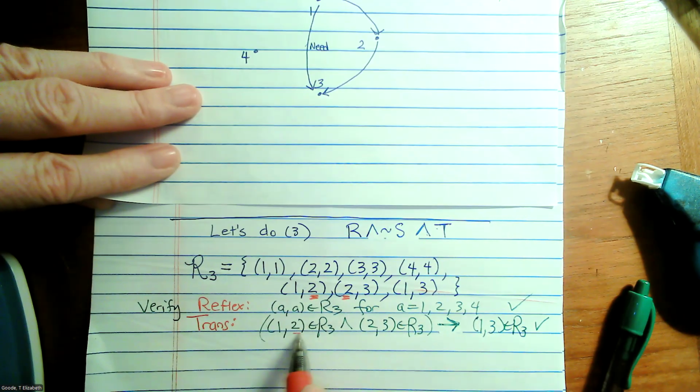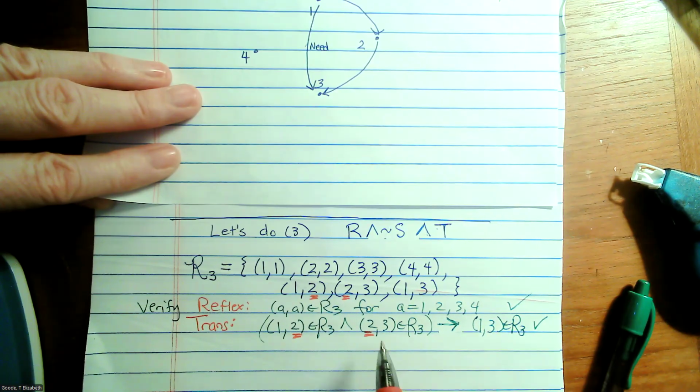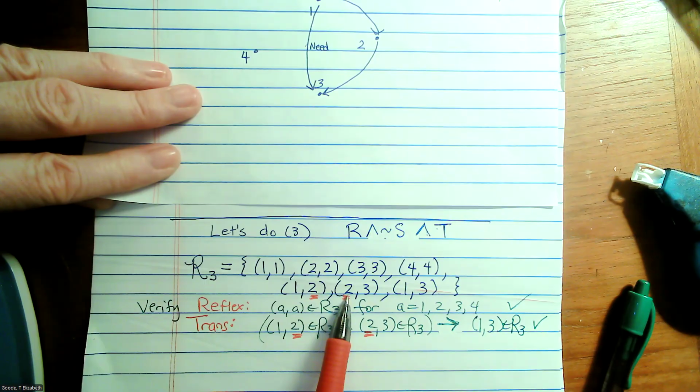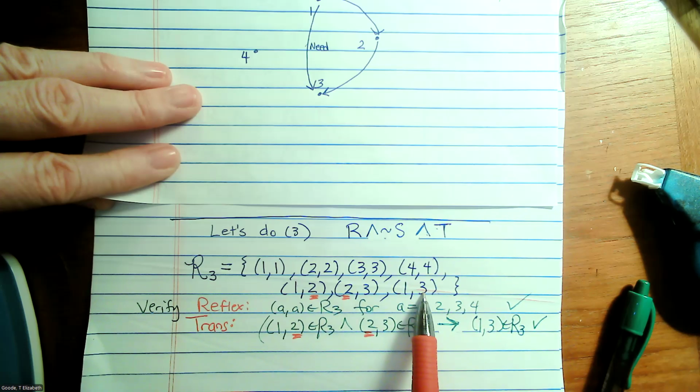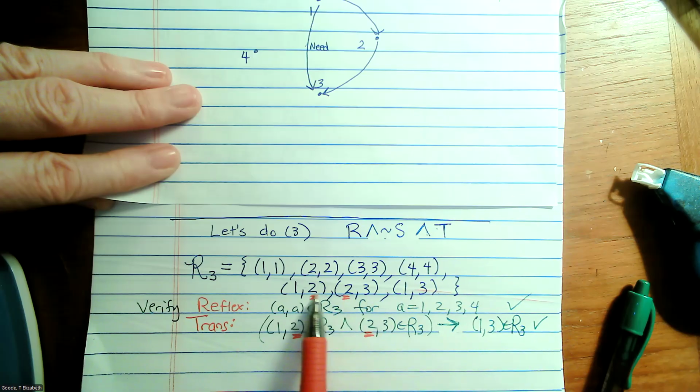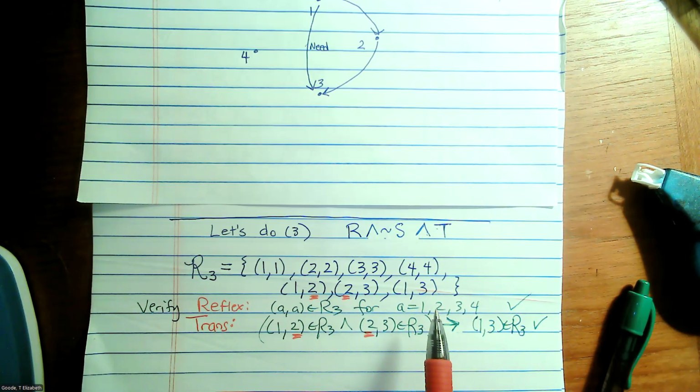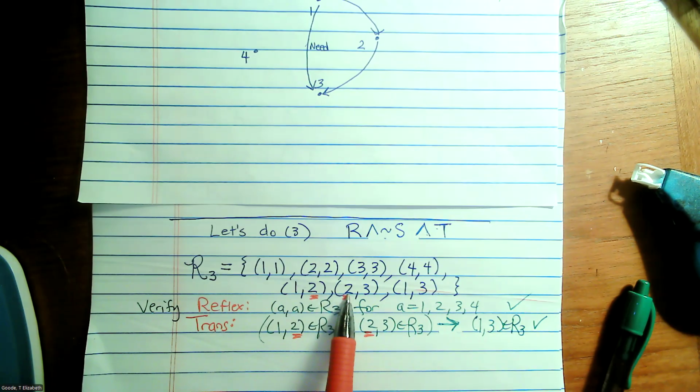The only time we are going to satisfy the hypothesis of transitivity is if we have some element of A, here it was 2, that appears both as a second coordinate and as a first coordinate, ignoring the reflexive pairs. 1 only appears as a first coordinate. 3 only appears as a second coordinate in these non-reflexive ordered pairs. So we don't have to worry about crossing over on 1 or on 3. But the 2 appears both as a first and a second coordinate, so we have to worry about crossing over on the 2.